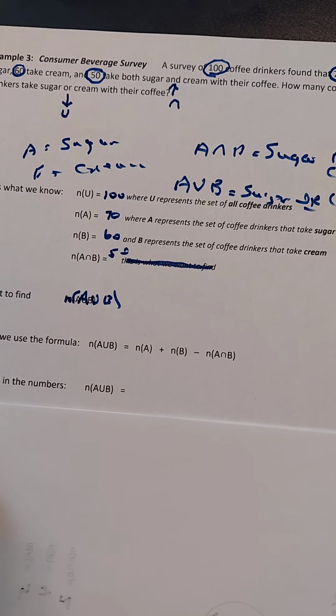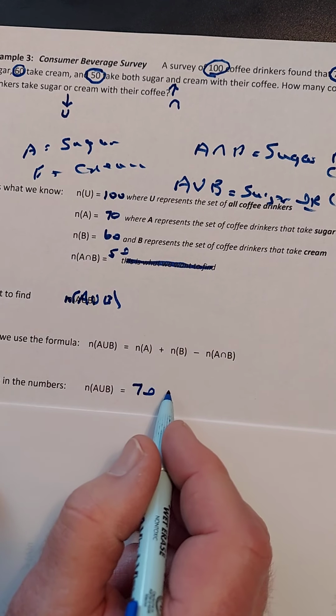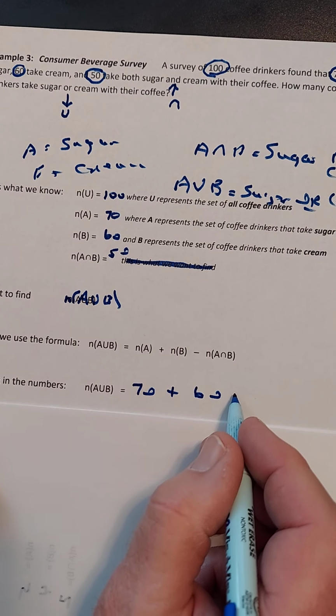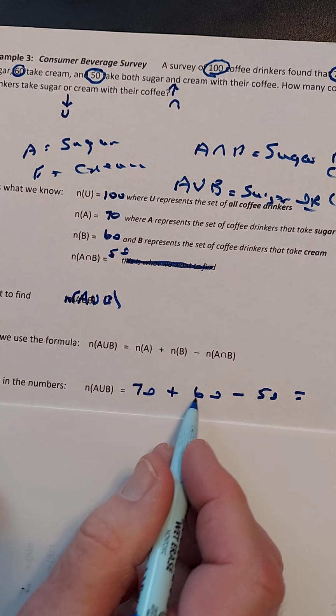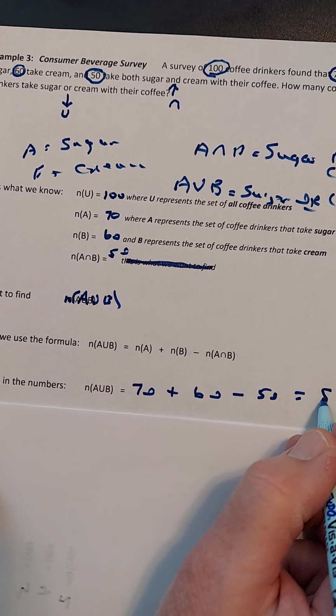So if I plug the numbers in, the number in A was 70, plus the number in B was 60, minus the number in both, 50. 70 plus 60 is 130. 130 minus 50 is equal to 80.